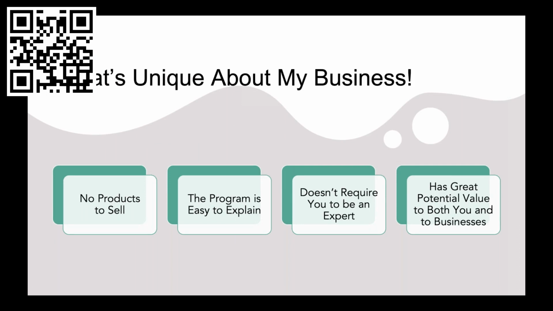So what's unique about what we're doing? Why is that true? Well, we're not selling a product. What we're doing is really super simple to explain. You don't have to be the expert, so you don't have to sell yourself and your background and your credibility, right? And this is the very, very key component to the whole thing.